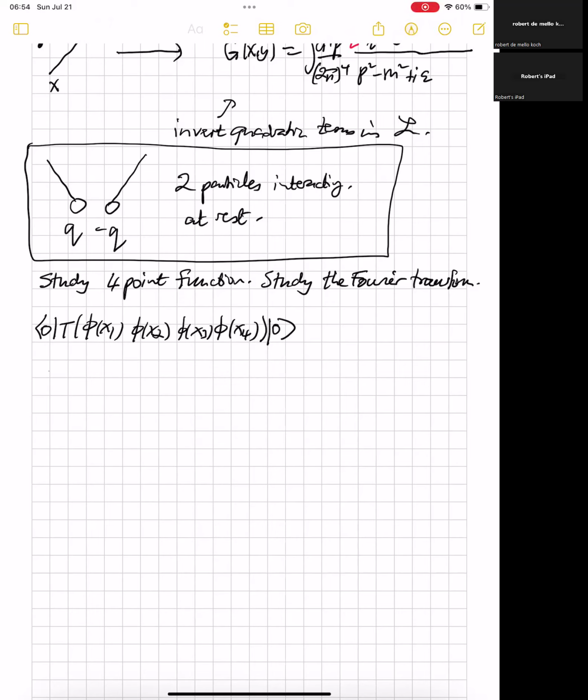And what will this be equal to? Well, we're taking a Fourier transform. So we have to integrate over four independent momenta. There's the third momentum. And now the fourth.